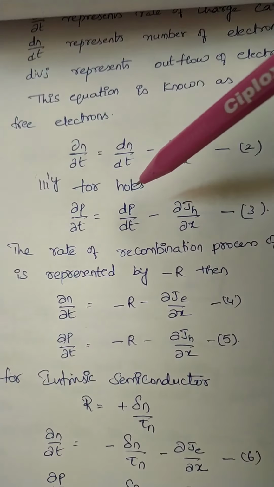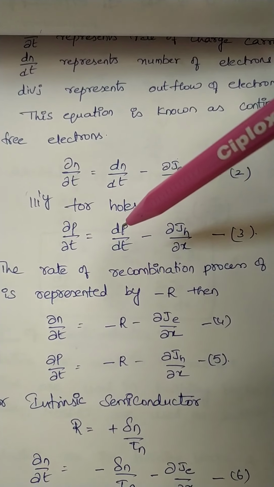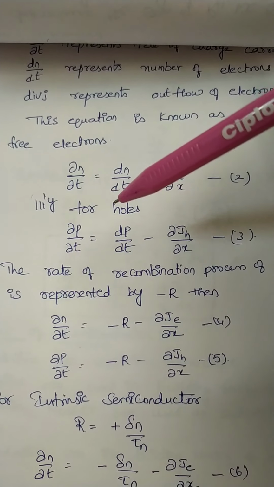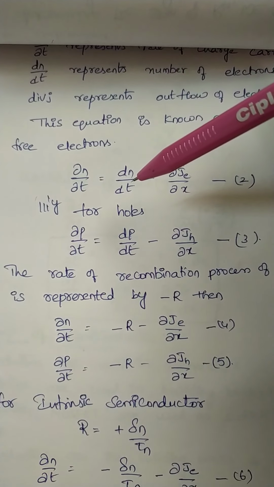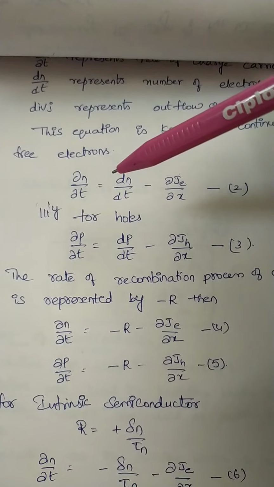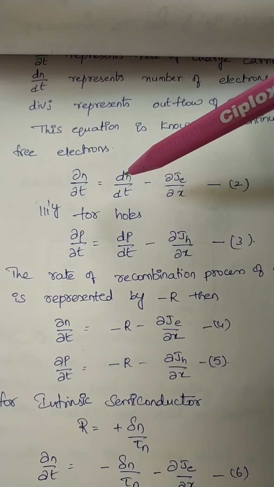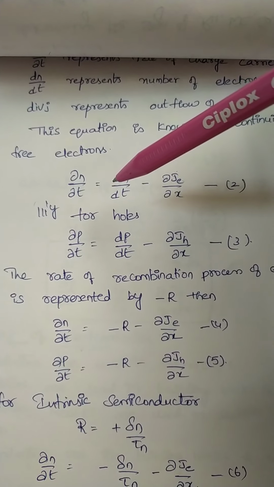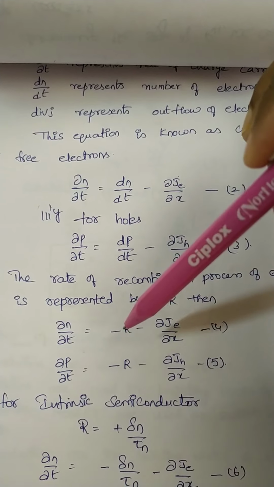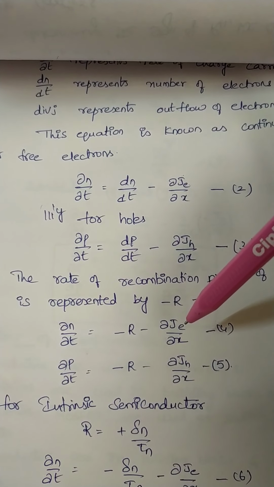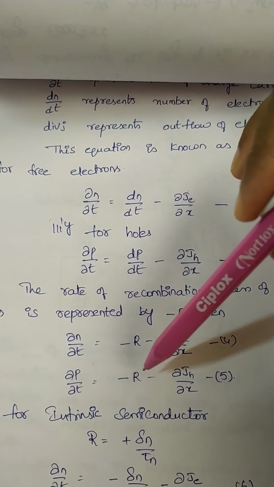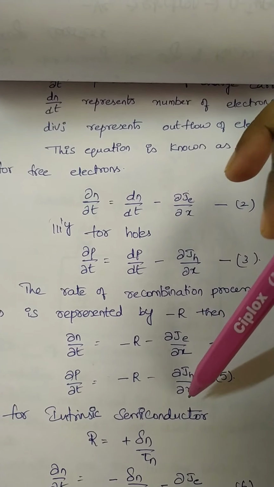Similarly for holes, we can write ∂p/∂t = dp/dt − ∂Jh/∂x. Writing it in terms of the recombination, represented by minus R, ∂n/∂t = −R − ∂Je/∂x. In the case of holes, ∂p/∂t = −R − ∂Jh/∂x.